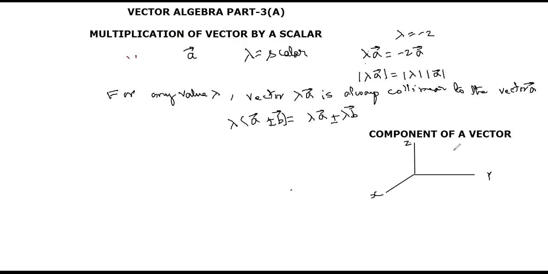So if P is a point here, when you draw a perpendicular on the x-axis, y-axis, and z-axis, the distance on the y-axis of the perpendicular from this point in 3D is the y coordinate.